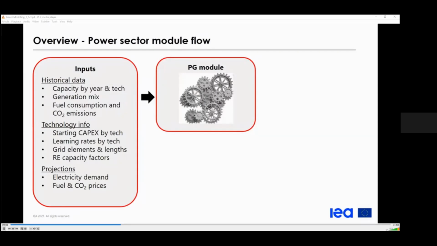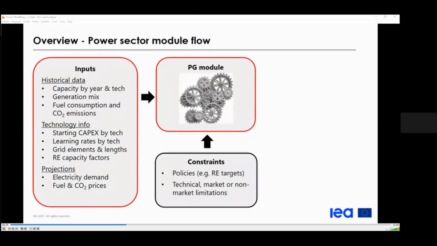On top of that, some elements are linked to projections from other modules. So, as mentioned earlier, we need electricity demand from the demand module. On top of that, fuel prices that would come from the supply module, and CO2 prices in regions that have applied these kinds of policies.